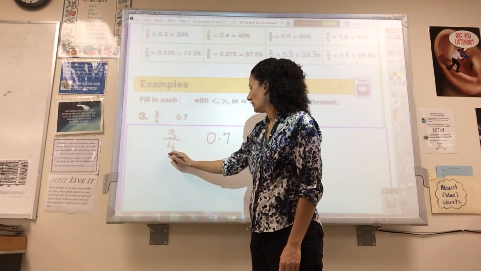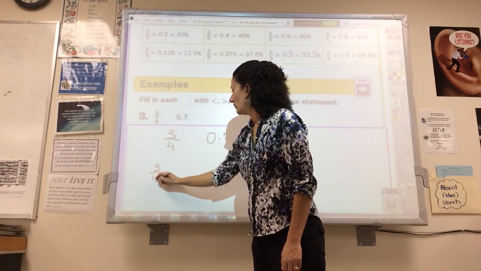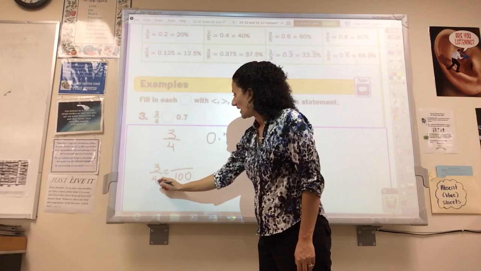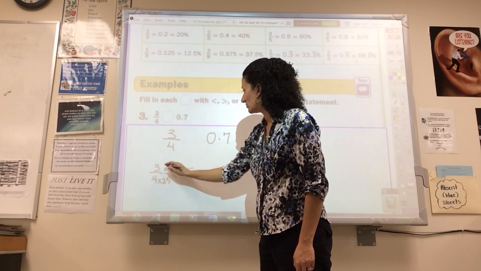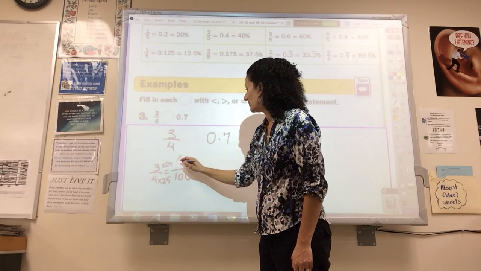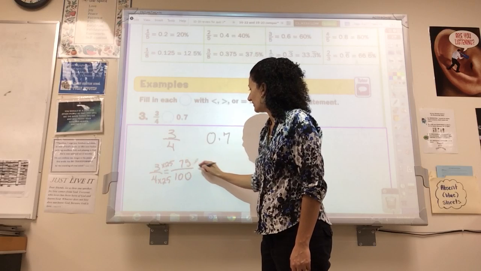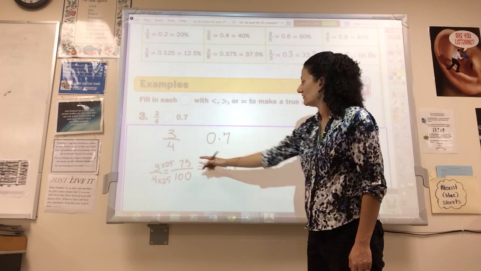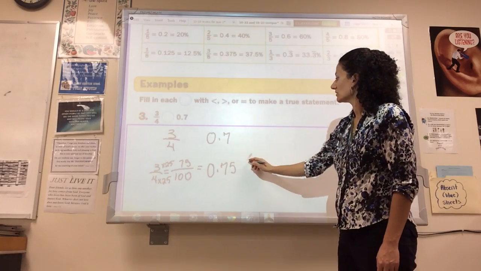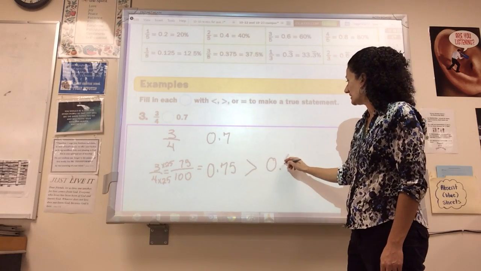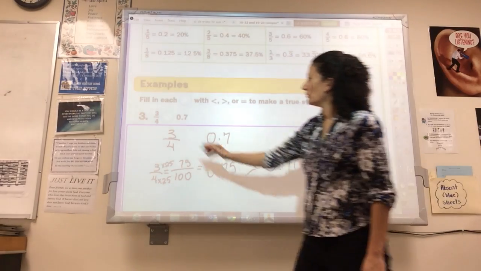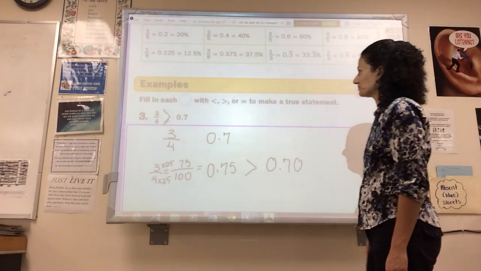For those of you that don't remember, if I write it out of 100 as an equivalent fraction, I know 4 times 25 is 100, and 3 times 25 is 75. So this is 0.75, or 75/100. And that is just a little bit bigger than 0.7, which is the same thing as 0.70. So 3/4 is greater.